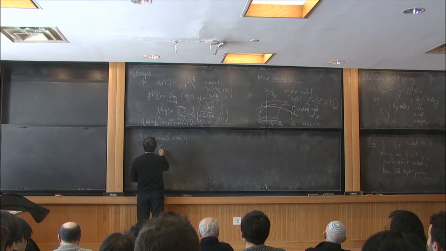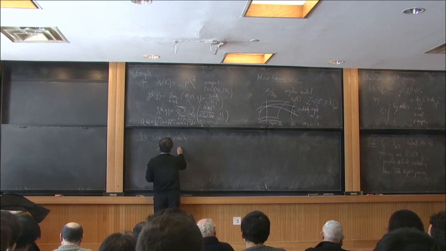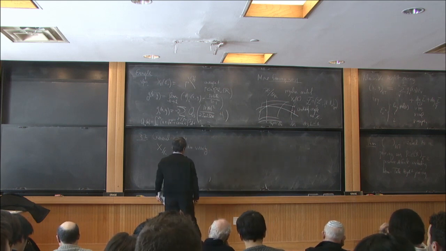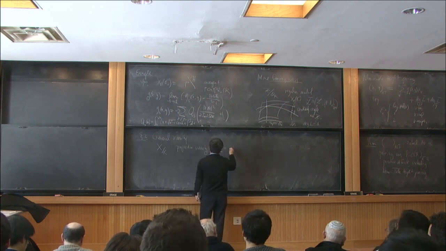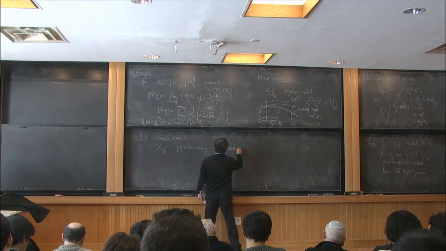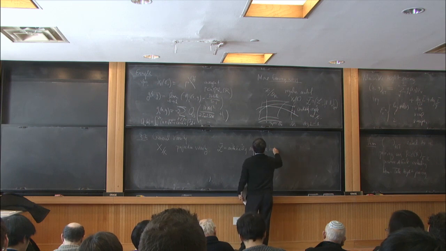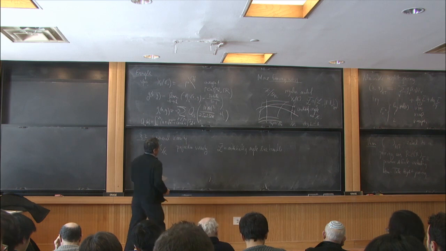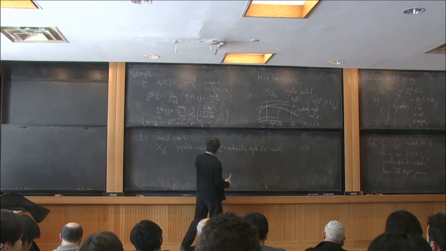We have X over k, a projective variety, and we have an arithmetic ample line bundle. We're not going to define that, but it is a similar thing. I spent quite a lot of time to define this notion.